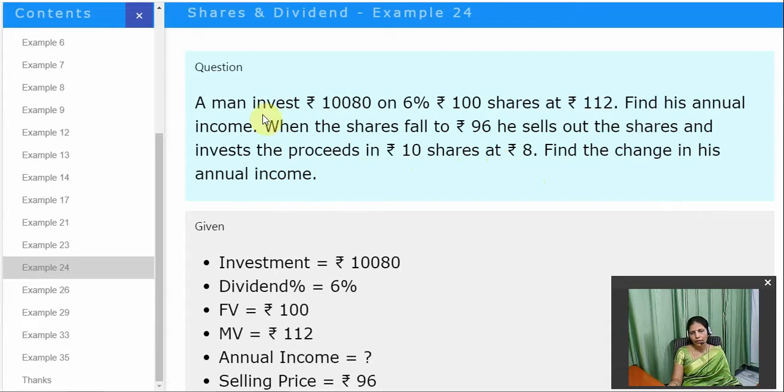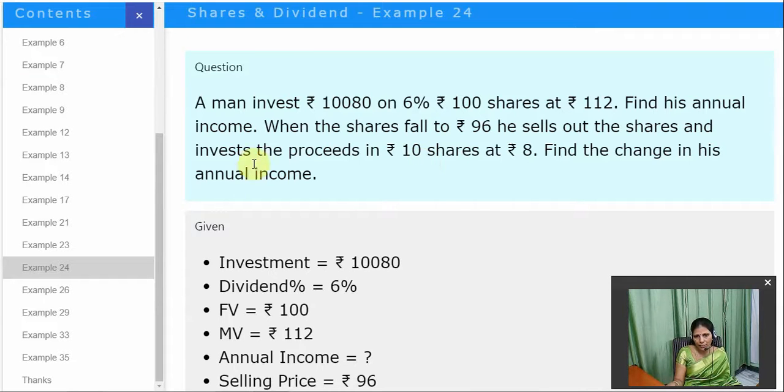Right, now the first time he is investing this much in the market and he is buying some shares, right? And then when the shares fall to rupees 96, when the market value goes down, he is selling out the shares in the market. After selling out the shares, he will get some amount in his hand, right?